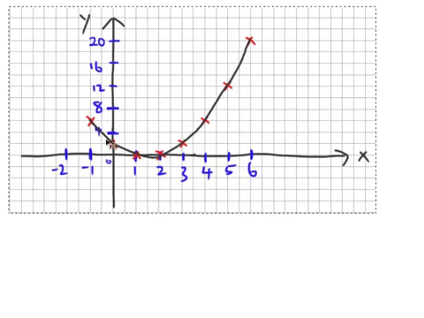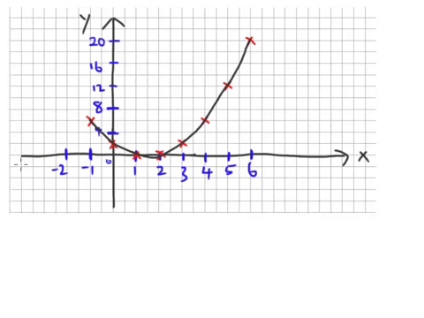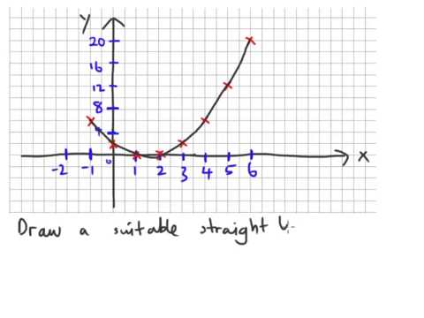So the first part of the question, right? The next part of the question is to draw a suitable straight line on your graph to find all values of x which satisfy the following equations, and the range for your x is 0 to 6.